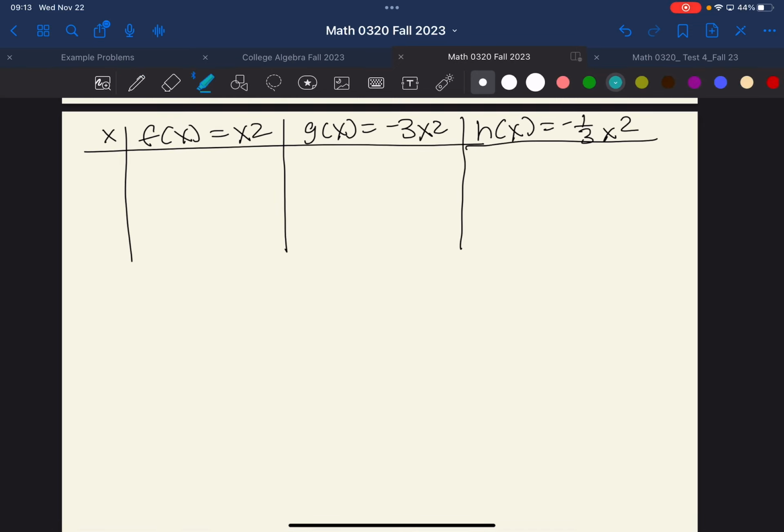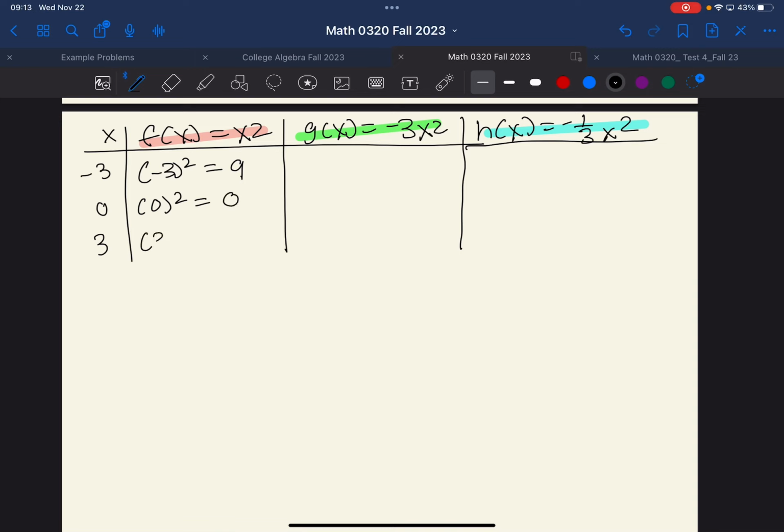And again, I'm going to be plugging in negative 3, 0, 3, but you could choose any numbers you want. So negative 3, 0, 3. So I have negative 3 squared, which is 9, 0 squared, which is 0, and 3 squared, which is 9. I'm just plugging in those x values.